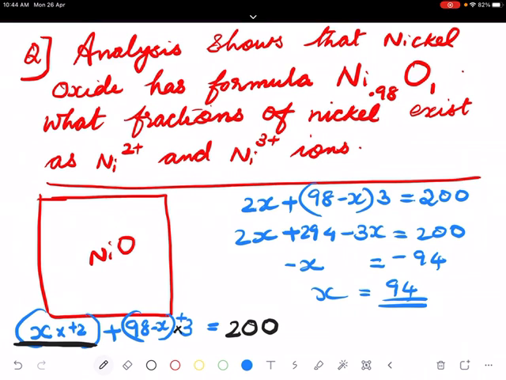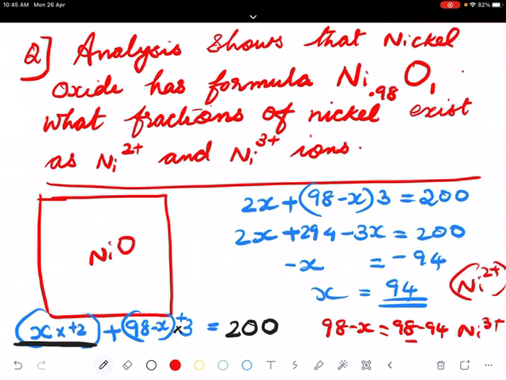So Ni2 plus, how many? 94. So, how many Ni3 plus will be there? Ni3 plus means that is 98 minus x, that is 98 minus 94, that is 4. There are 4 Ni3 plus and 94 Ni2 plus.